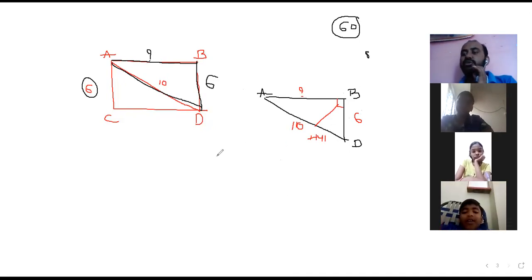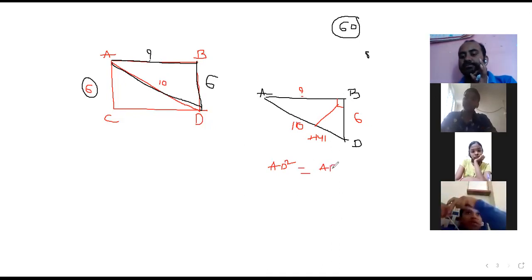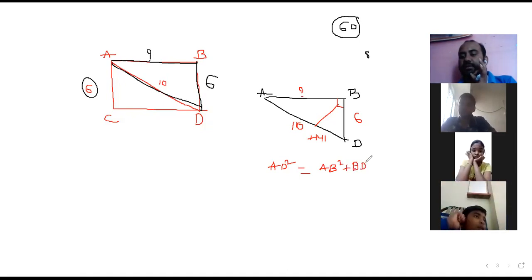So, according to Pythagoras, hypotenuse square. What is the hypotenuse here? AD. AD square is equal to the sum of the remaining two sides: AB square plus BD square. Clear?